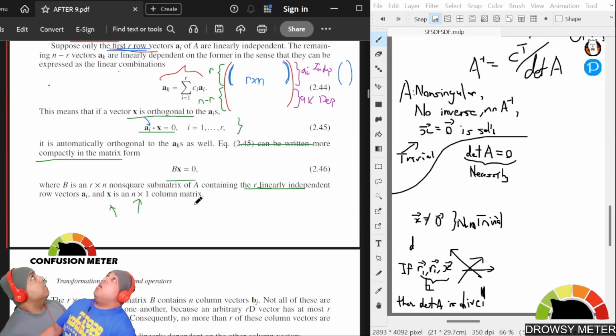What B is, r independent rows, x is n by 1.